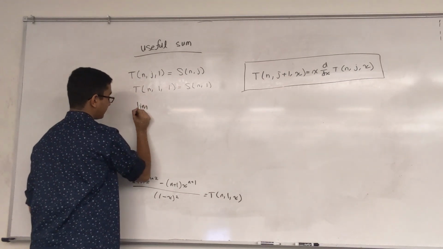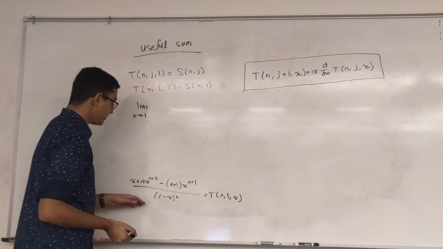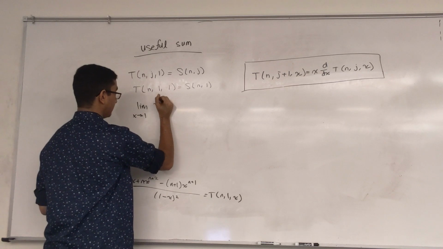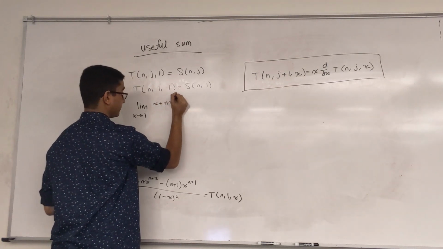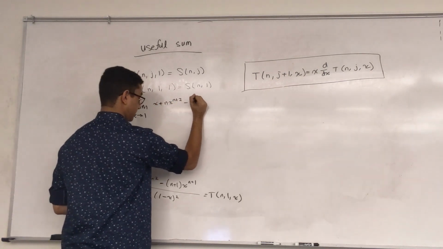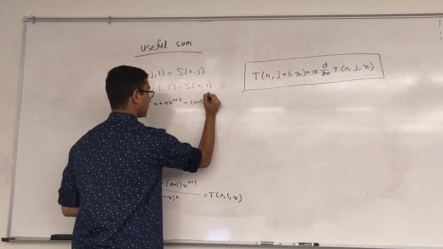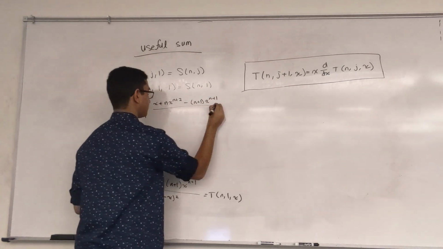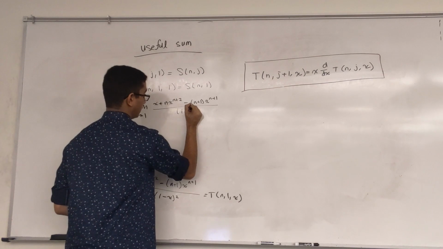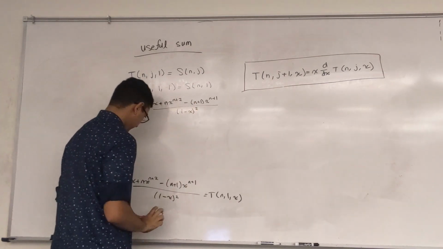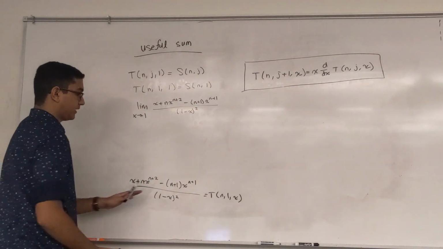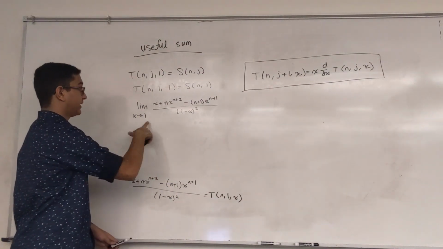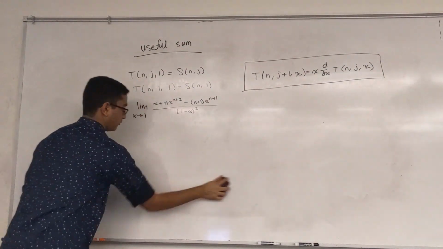The limit as x goes to 1 of x to the n plus 2 minus (n plus 1) x plus 1, over 1 minus x squared. I'm going to erase this real quick because it's written again here, and I want the space.